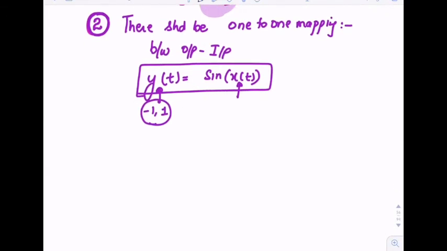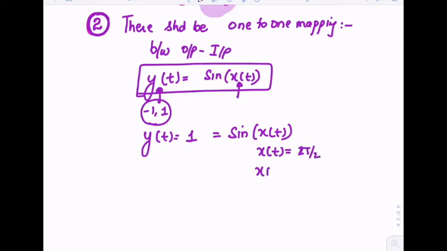Okay, so now let us say that if y(t) is equal to 1, then 1 is equal to sin of x(t), then at that particular time x(t) can have a value equal to π/2, can have a value equal to 5π/2, can have a value equal to -3π/2, and so on.